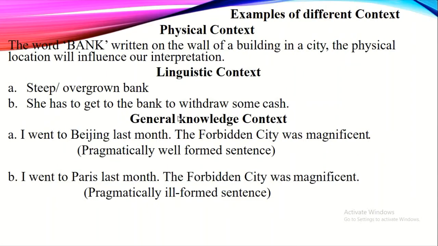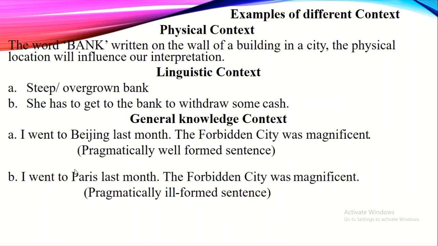Next one is general knowledge context. General knowledge is the background knowledge or the relevant context that influences the reader's or listener's mind to make the sentence pragmatically well or ill formed. For example, "I went to Beijing last month. The Forbidden City was magnificent." Pragmatically, this sentence is well formed because the Forbidden City is in China.